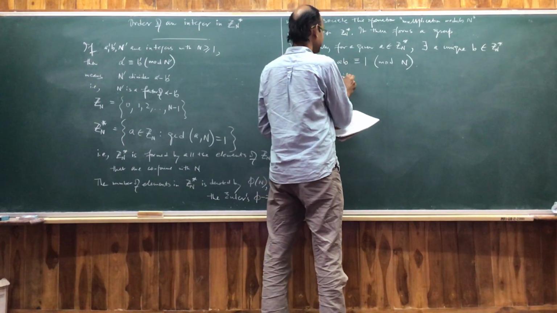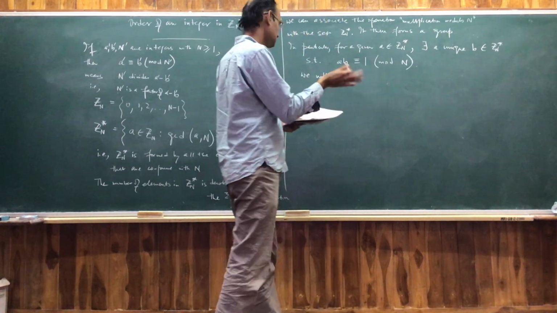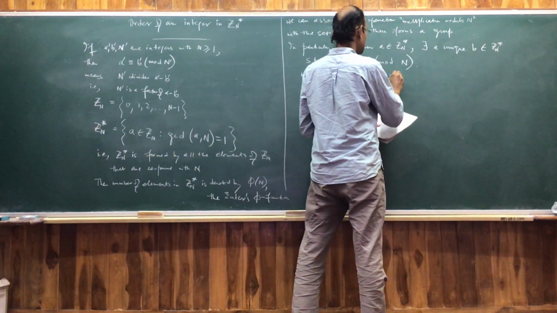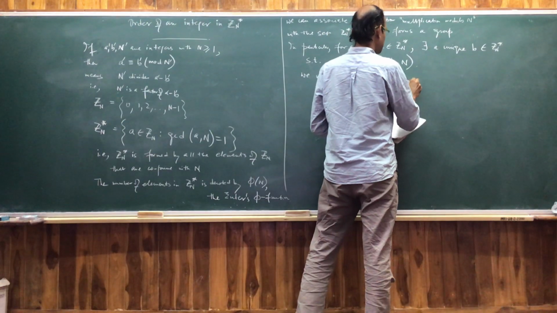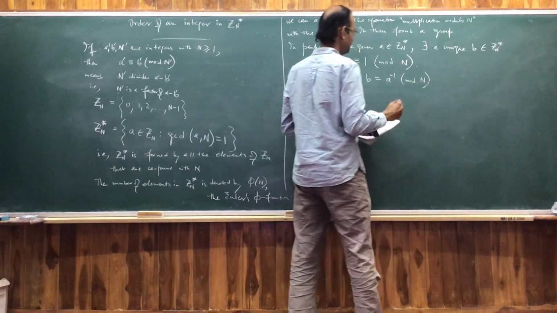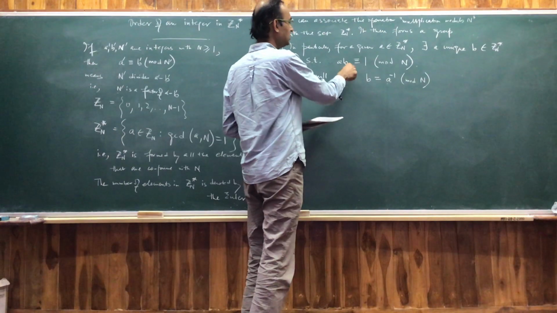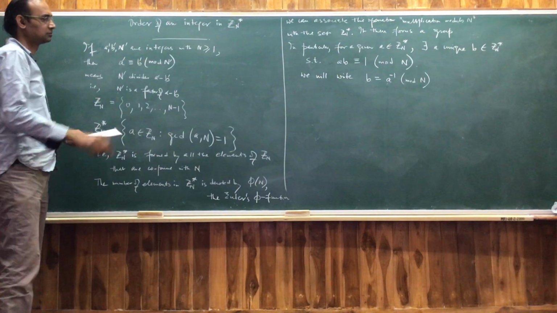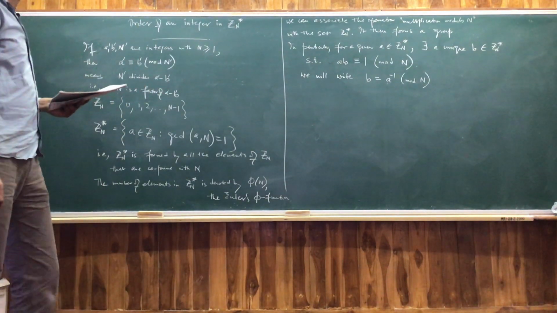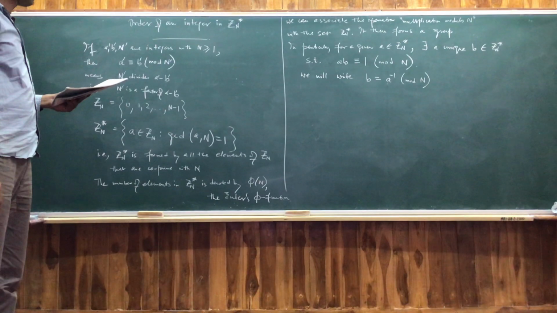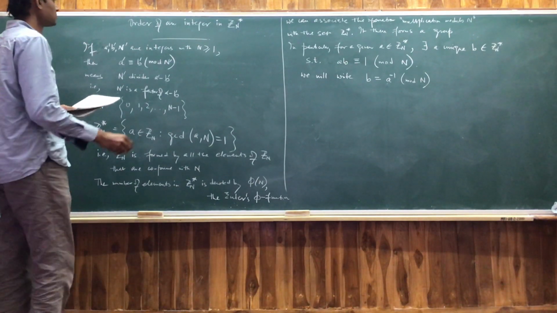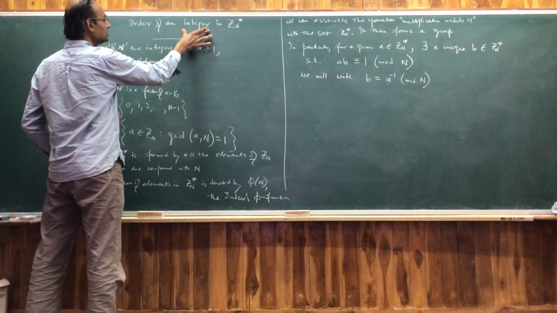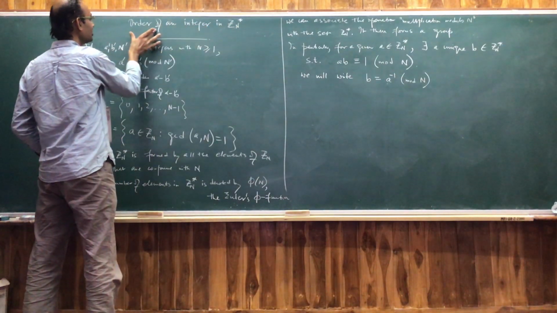This is just some notation. So we will write this as B is A inverse modulo n. It would mean this. So we have sorted out this, which we had sorted out in school. Now we come here.